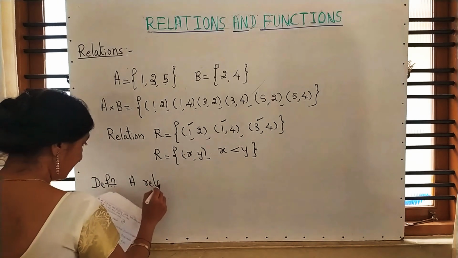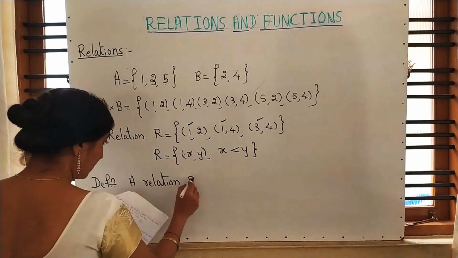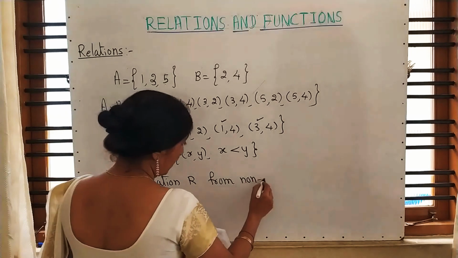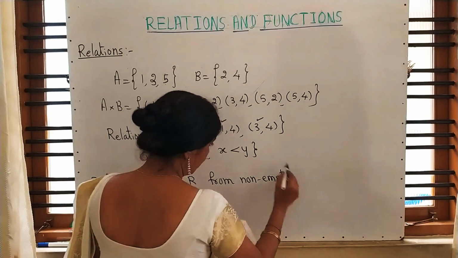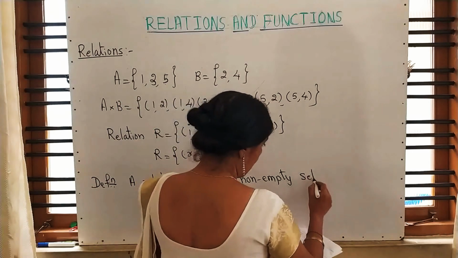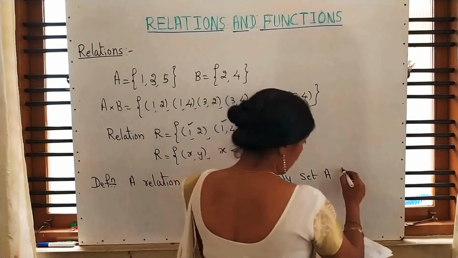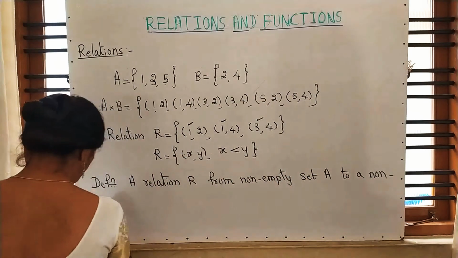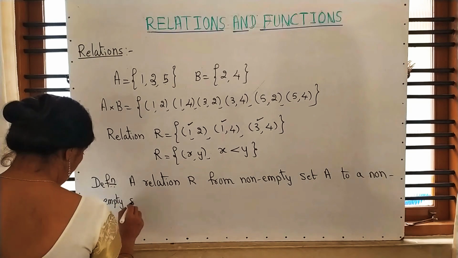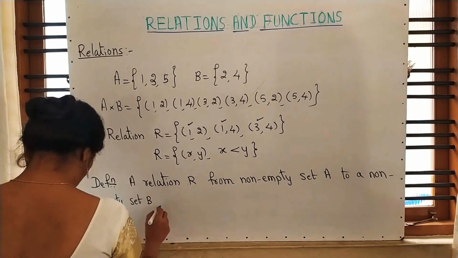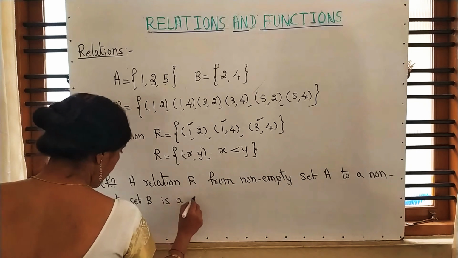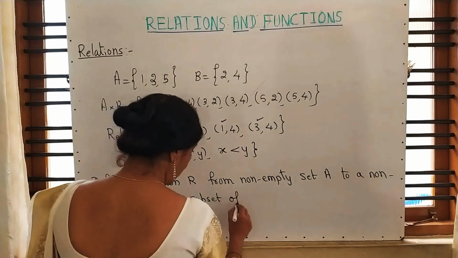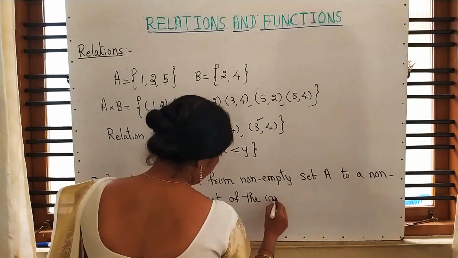A relation R from a non-empty set A to a non-empty set B is a subset of the Cartesian product.